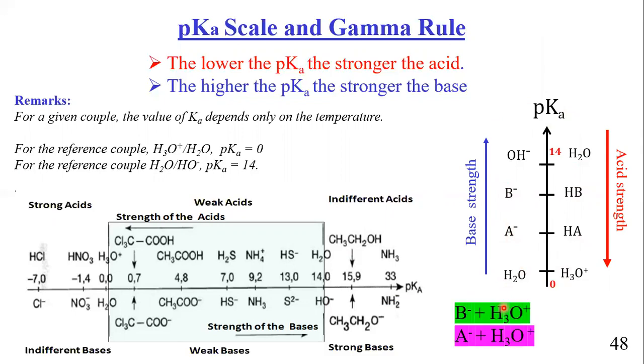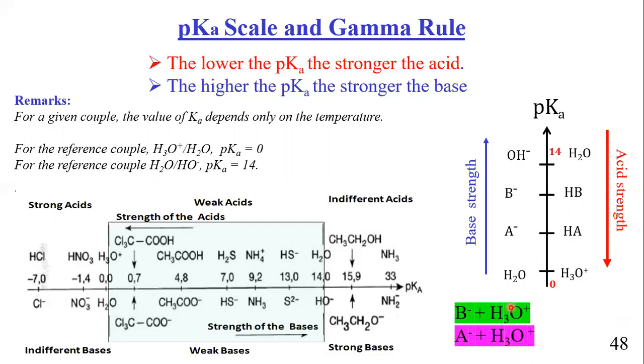If I have in a system, for example, B minus and A minus, and I'm adding to them H3O plus, how do I know who will react first, the B minus with the H3O plus or the A minus with the H3O plus? Will B minus react with H3O plus and then A minus, or will they go at the same time?